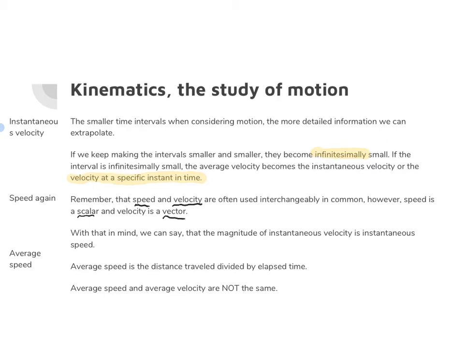With that in mind, we can say that the magnitude of instantaneous velocity is instantaneous speed, because average speed is the distance traveled divided by the elapsed time. Average speed and average velocity, however, are not the same. So instantaneous velocity and instantaneous speed are the same quantity, but average speed and average velocity are not the same.